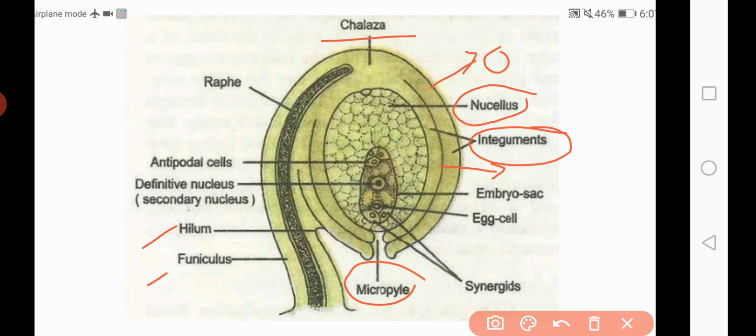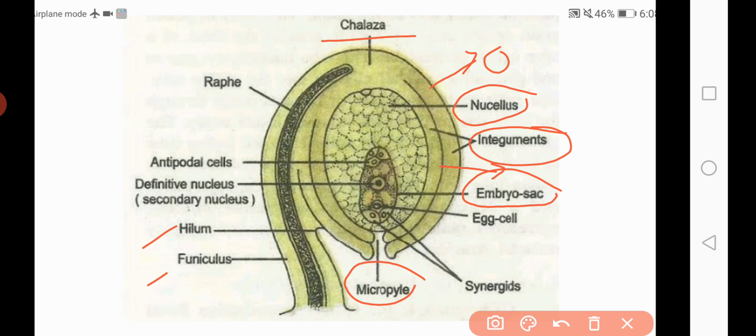Understood? Now next to the nucellus there is an embryo sac. The embryo sac is also called the female gametophyte. Once again I'll repeat: next to the nucellus there is an embryo sac, and this embryo sac is also called the female gametophyte. Why is it called the female gametophyte? Because this embryo sac carries the female gamete. Hence it is called the female gametophyte.